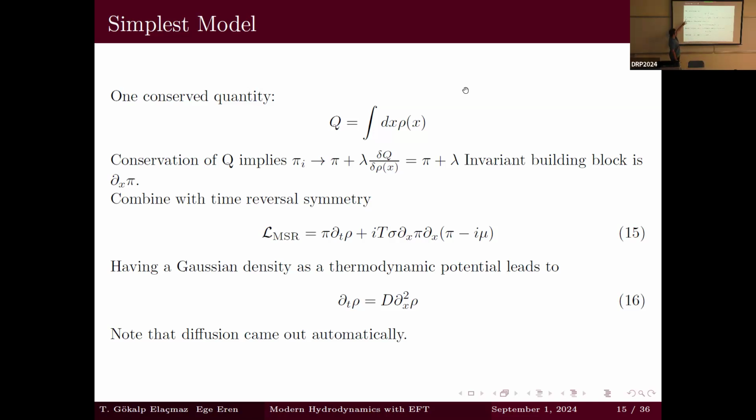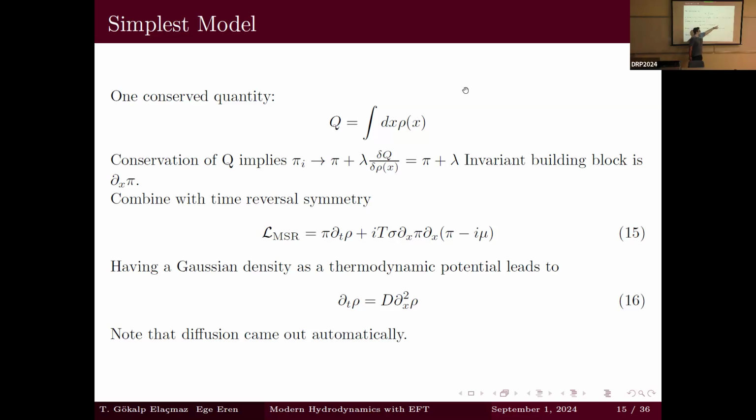So we take the partial derivative of x, partial derivative of x. Now, combining this with time reversal symmetry, we get this term that has the same form we had from before, with Q_ij's.